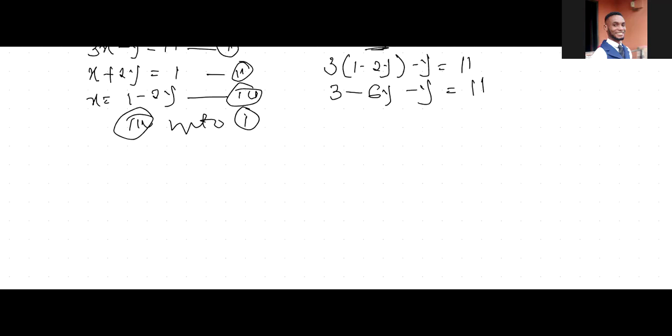So then I can have 3 minus 7y equals 11. Then minus 7y equals 11 minus 3.